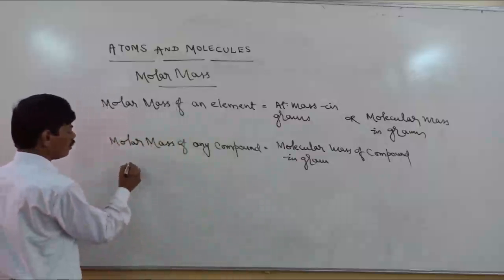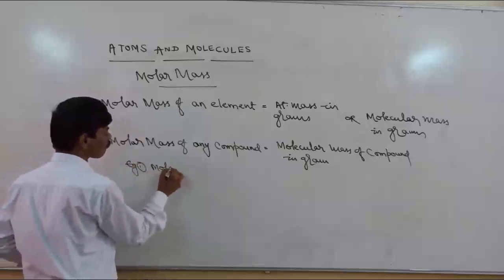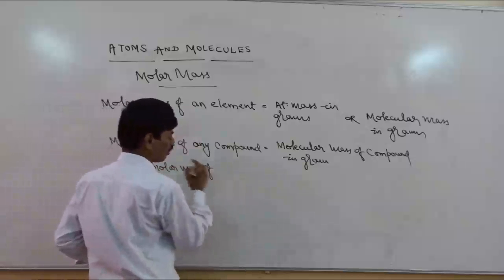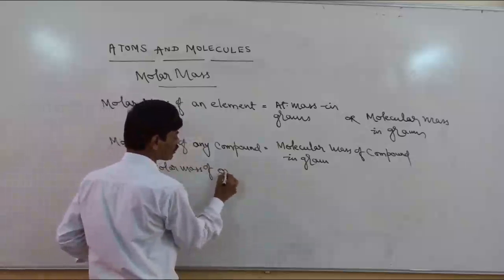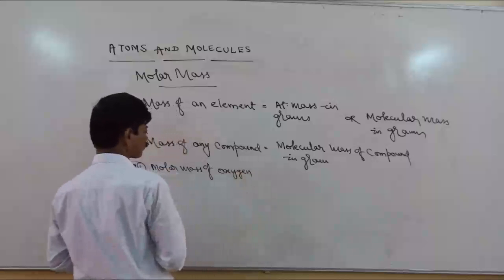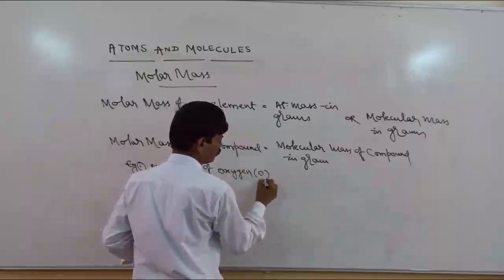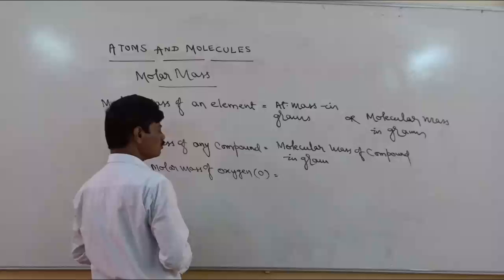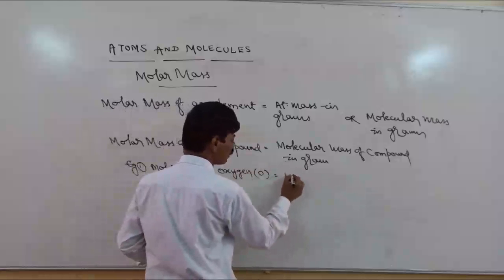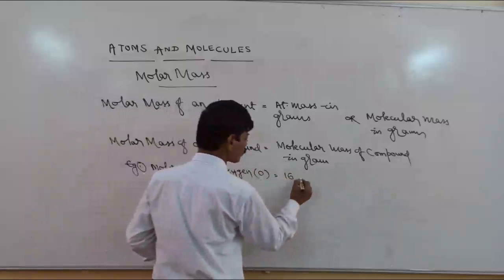Now we will see examples in the case of element as well as in the case of compound. Example 1. Molar mass of oxygen is equal to, atomic mass of oxygen is 16, right? And we will add grams.